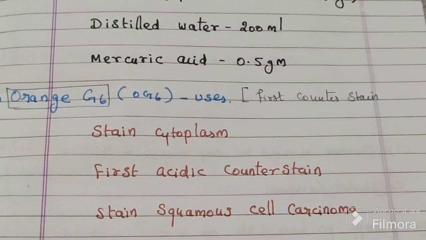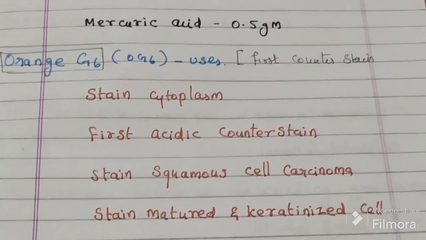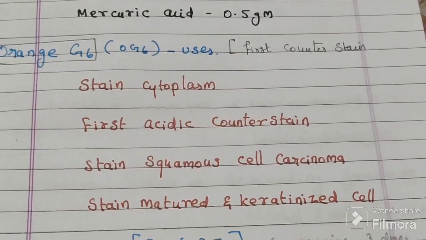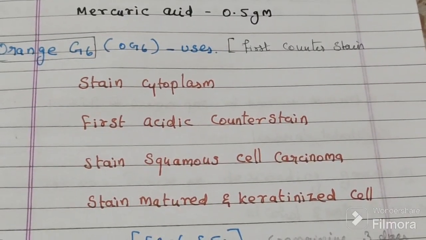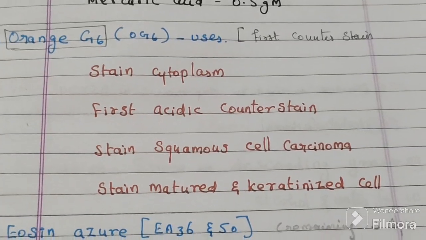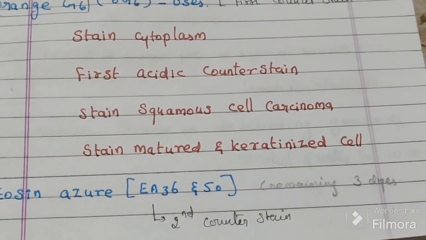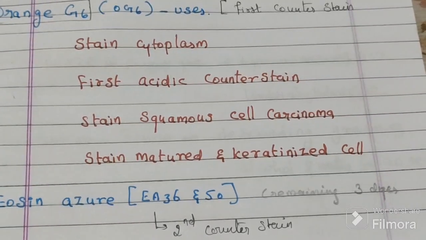This is the first acidic counterstain. It will stain squamous cell carcinoma, and also mature and keratinized cells.